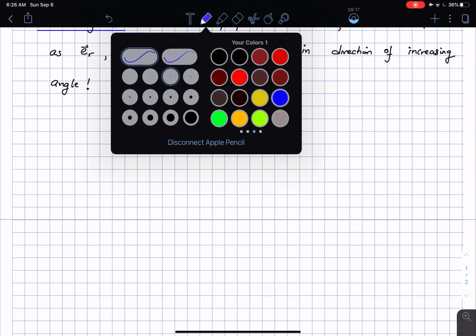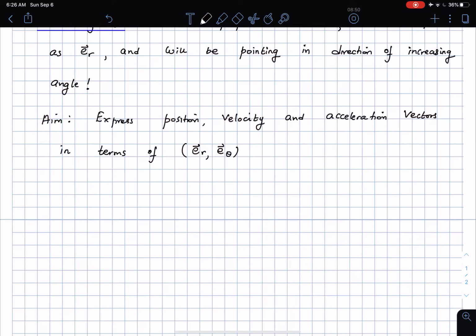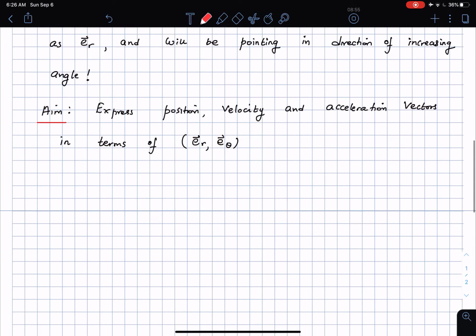Our aim is to express the position, velocity, and the acceleration vector in terms of E_r and E theta.